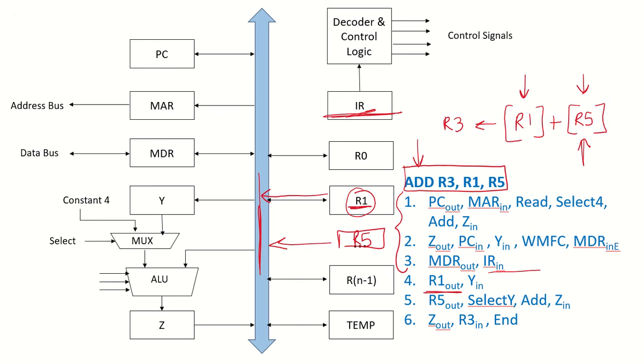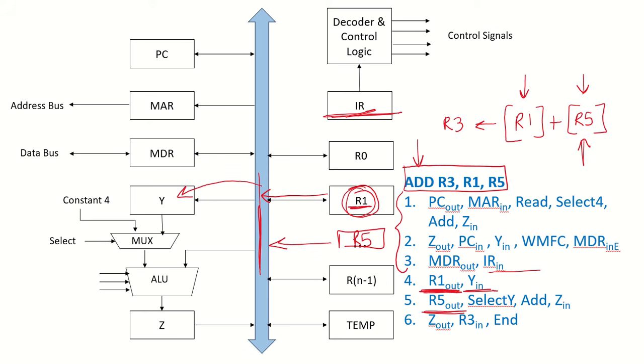So in the meantime, what we can do is that we will put these R1 contents into a temporary register Y. So R1 we have taken out and we have put the contents in Y. So in the next clock cycle, we can take out the contents of R5.